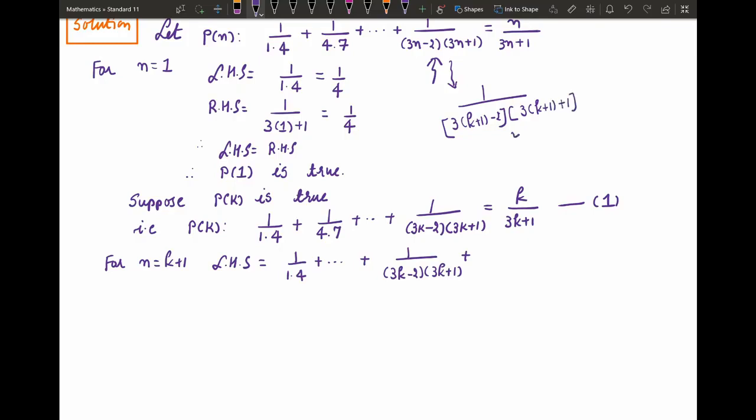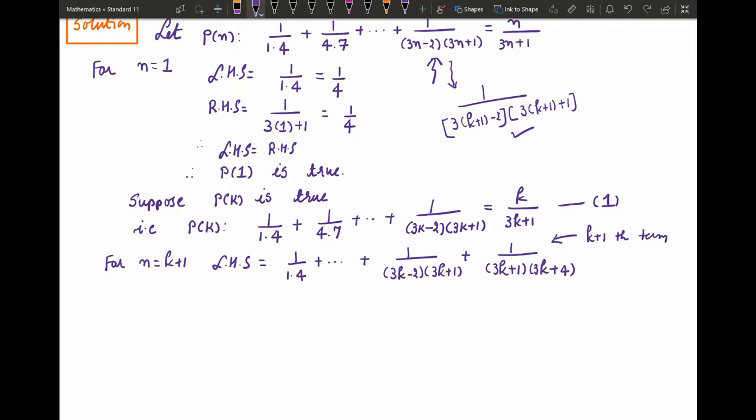So when we simplify, our k plus 1 term will be 3k plus 3 minus 2, that is 3k plus 1, into 3k plus 3 plus 1. This is our additional k plus 1th term.